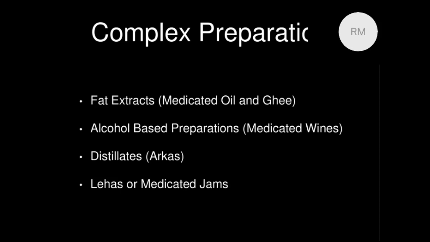So these are basic methods of processing. And first, after processing in these methods, then we combine them and make complex preparations. So in our previous webinar, we studied pills and tablets. And now we are going to study fat, medicated oils and ghees.